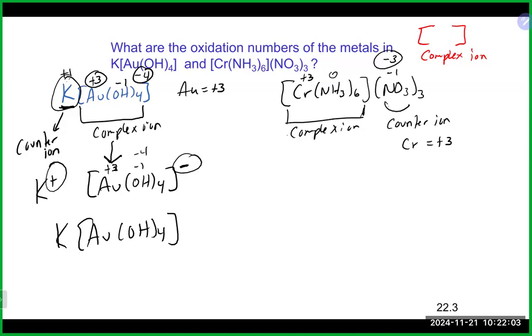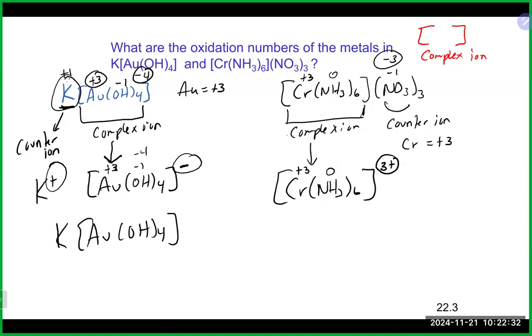Same thing if we look at the one on the right here and we just pull out the complex ion part. The ammonia is 0, and we figured out the chromium is +3. So really this complex ion here has a +3 charge, so it's actually a positive complex ion in this case, as opposed to our guy on the left that's a negative complex ion.